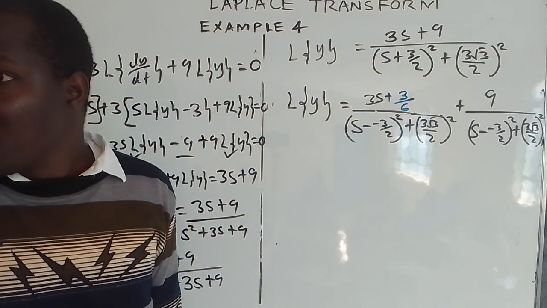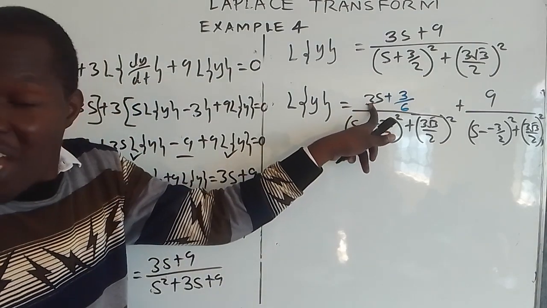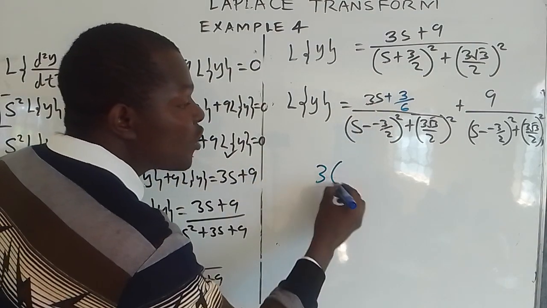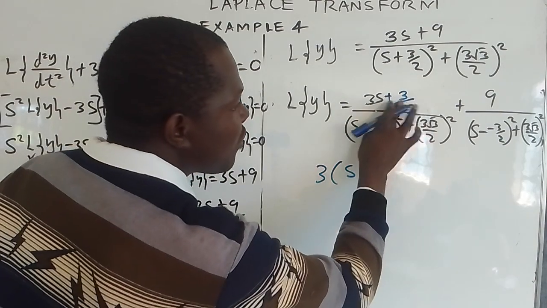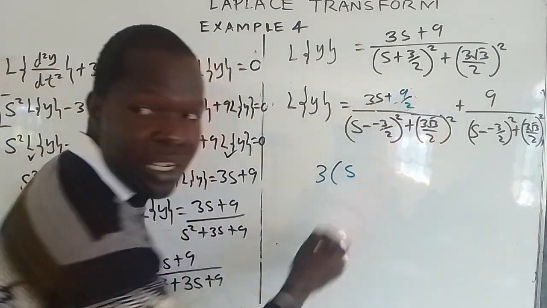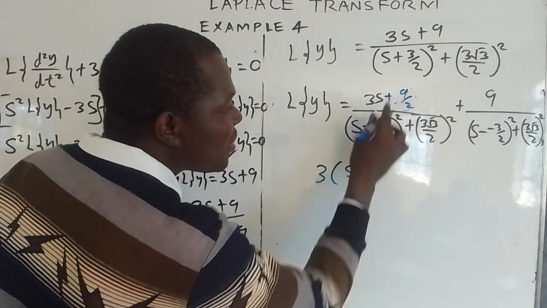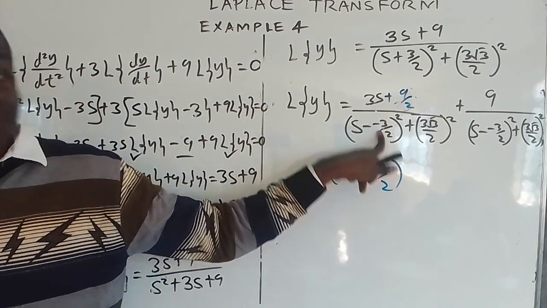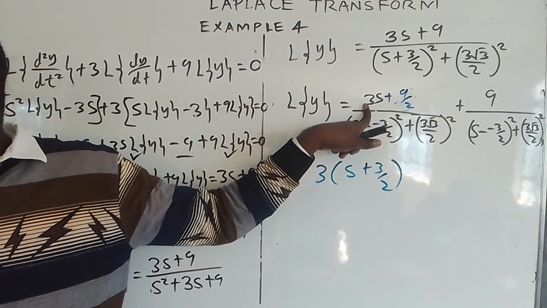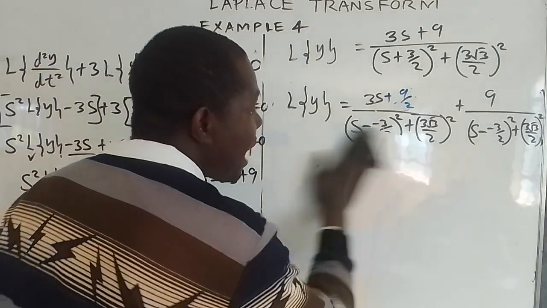Do you know the reason why I'm putting 3 over 6? When you factorize this 3 outside, it is not 3 over 6, it is 9 over 2, isn't it? You put it in the numerator, so that when you remove 3 outside, you remain with s plus 3 over 2, meaning we are looking for this 3 over 2. And there's a factor of 3 here in s. I don't know whether you are getting that explanation.